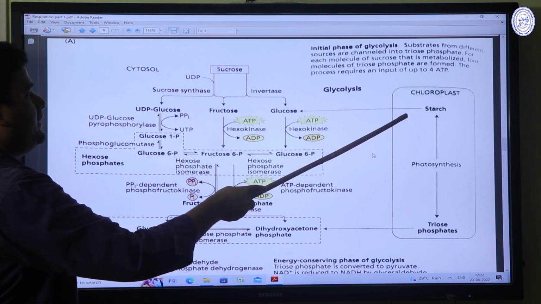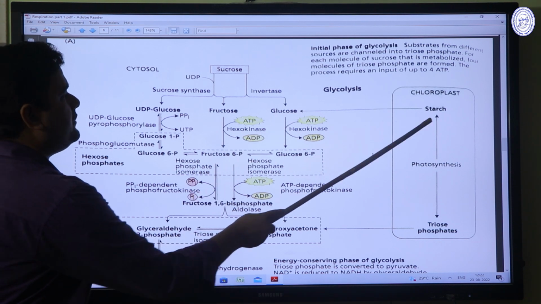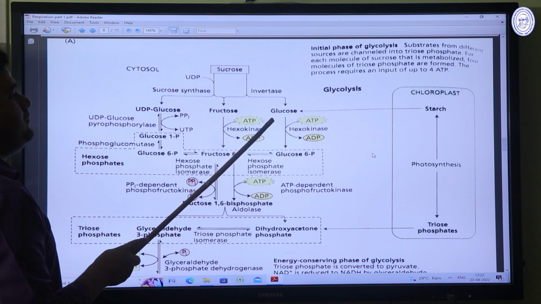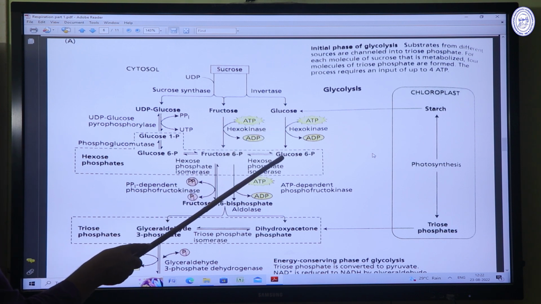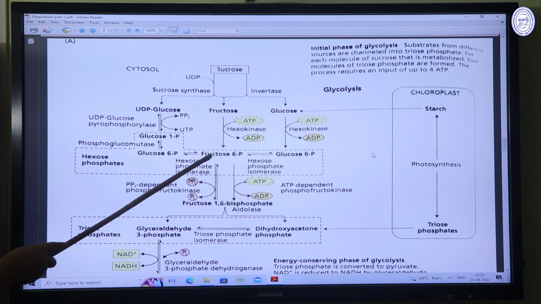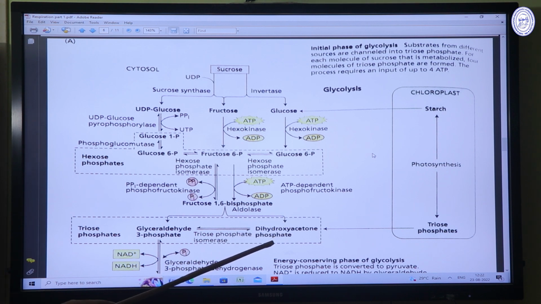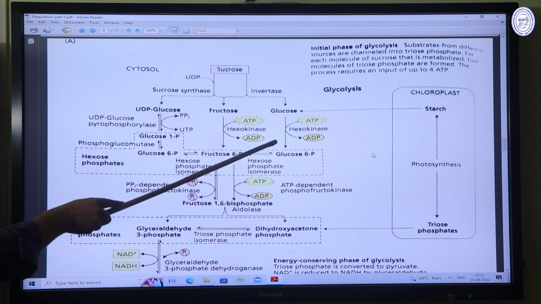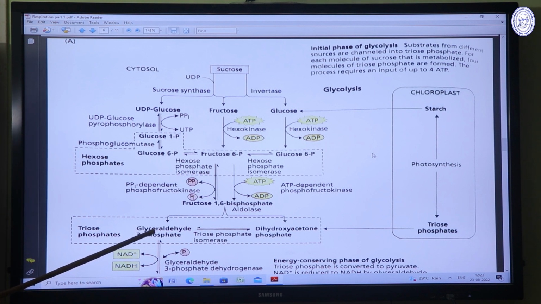This starch, through a series of reactions, will be converted into glucose and transferred into cytosol. And here glucose will be converted into glucose 6-phosphate, then fructose 6-phosphate, and then fructose 1,6-bisphosphate, and finally glyceraldehyde 3-phosphate and dihydroxyacetone phosphate. So 6 carbon glucose 6-phosphate will be converted into 2 triphosphates, this glyceraldehyde 3-phosphate.